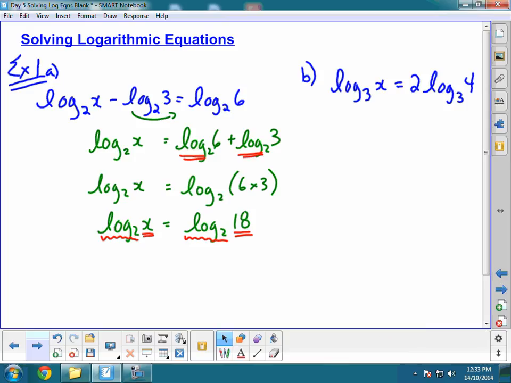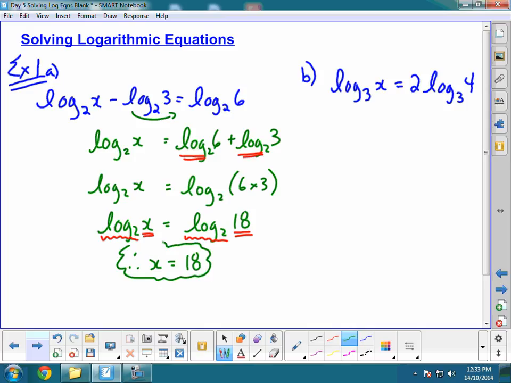This is very similar to that last step when we did common base. You had the common base, so you could say, okay, since they have the same base, the only way this is going to work is if you just look at the exponents. Here it's a similar idea. Since they have a common log, we can ignore it and look at just the answers. So I'm going to put therefore again, so it's important. The only way this can work is if x is equal to 18. And we've solved the logarithmic equation.